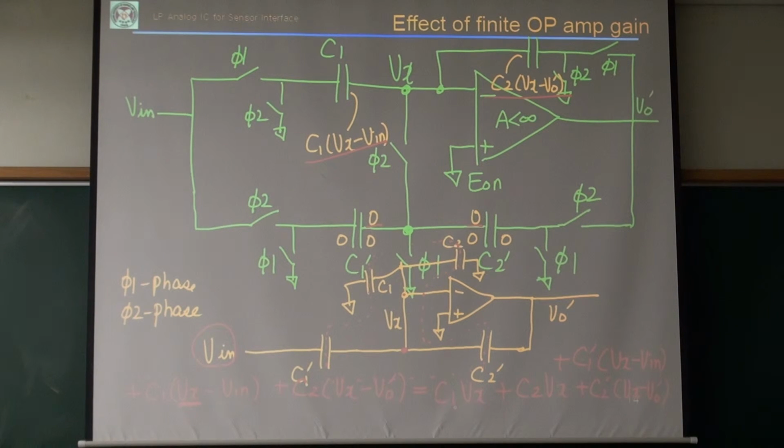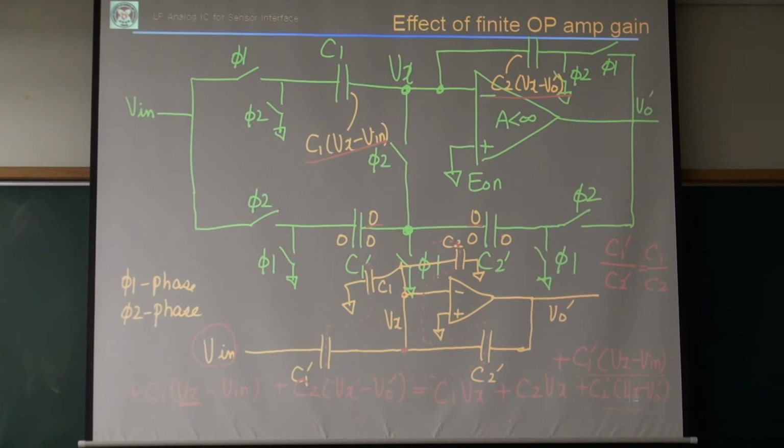Are they the same? Oh yes, they have the same ratio. The ratio is set the same, though the values of C1 and C2 are not the same. You can calculate the Vx here, right?